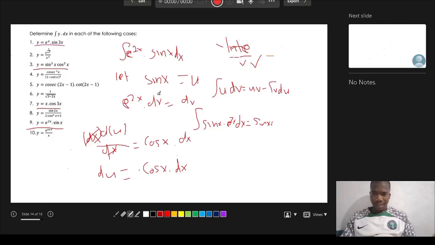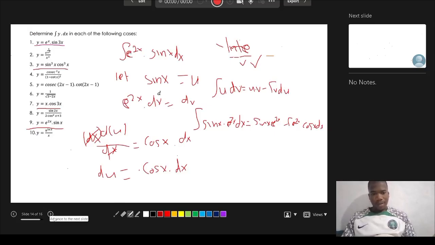The value of v is e to the power 2x, right? Minus e to the power 2x cos x dx, right?